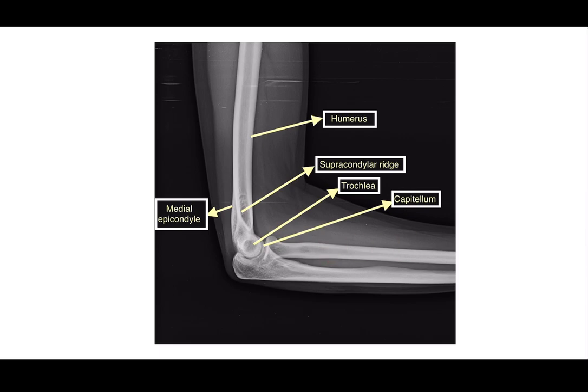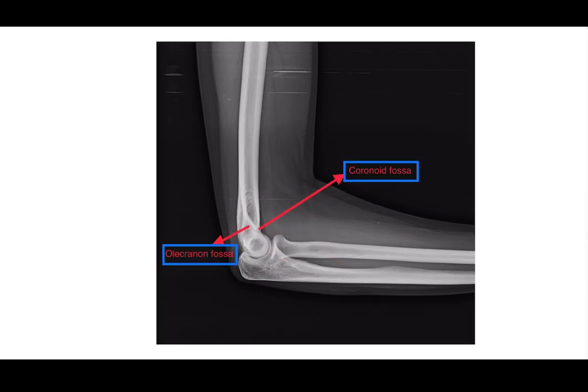This is the radius and this is the ulna. Now here this triangular structure is the olecranon fossa, and the anterior small triangular structure is the coronoid fossa. The olecranon fossa will occupy the olecranon process and the coronoid fossa will occupy the coronoid process in the humerus.